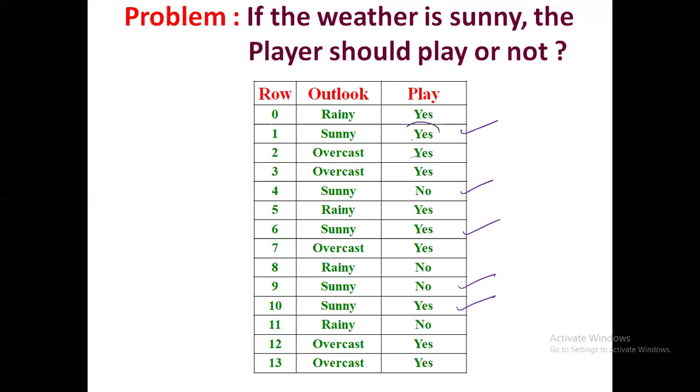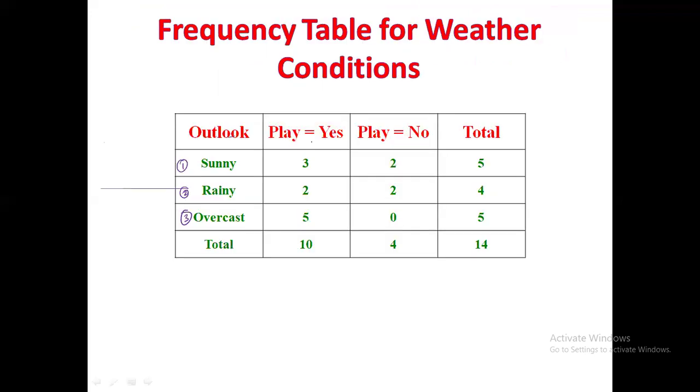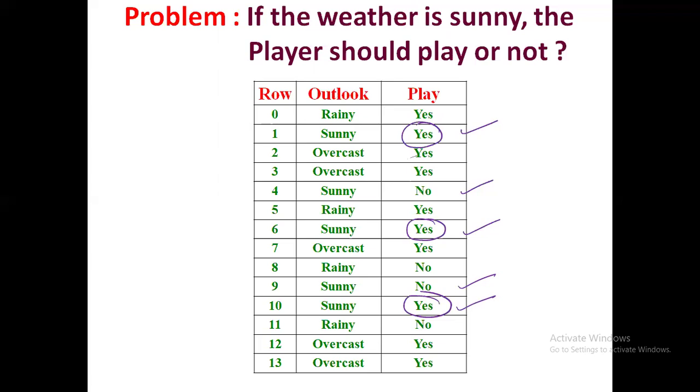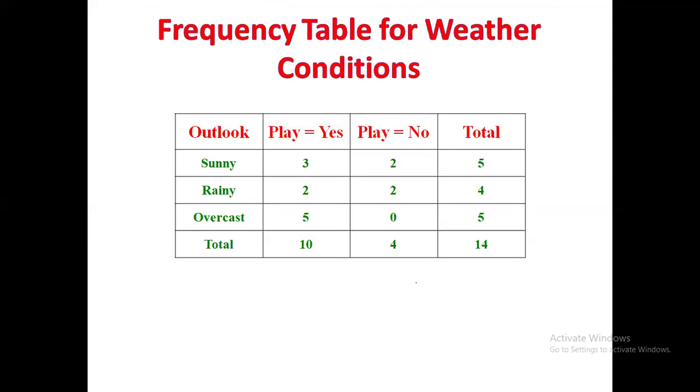This is one yes, the second one, and this is the third. So sunny with play equal to yes is 3. If play equal to no, this is 1 and this is 2. We have to write it in the table: play equal to no is 2. Total sunny is 5.